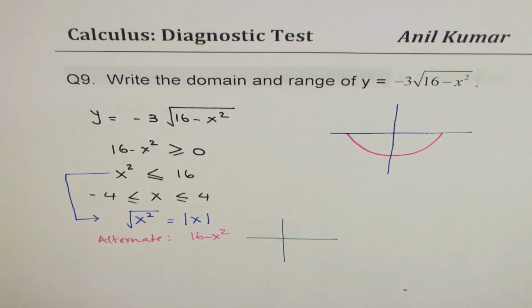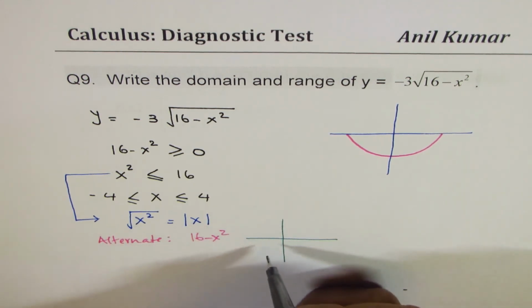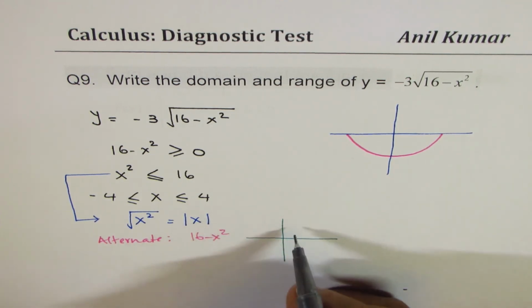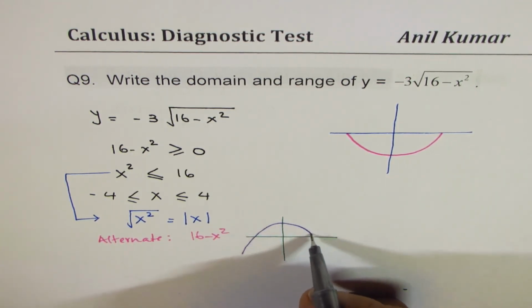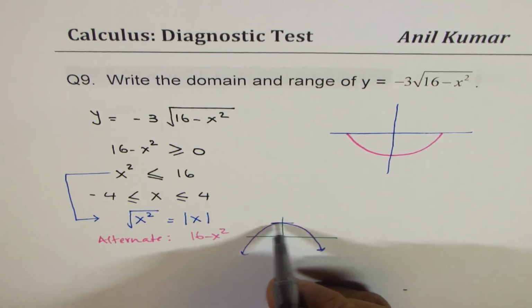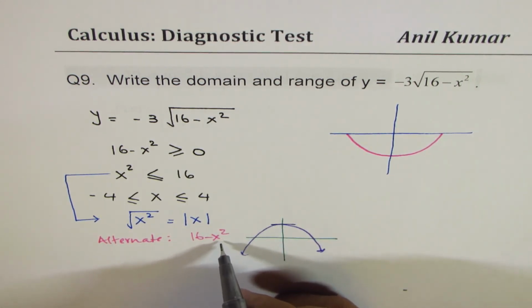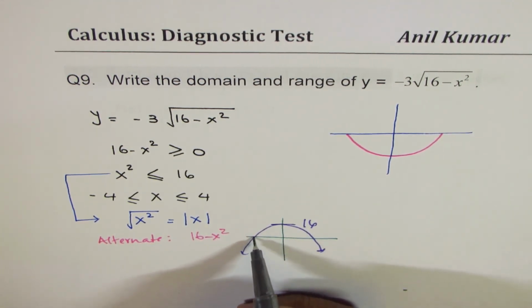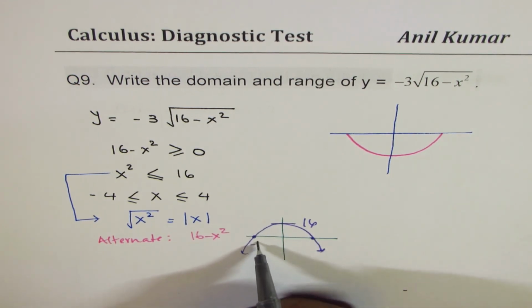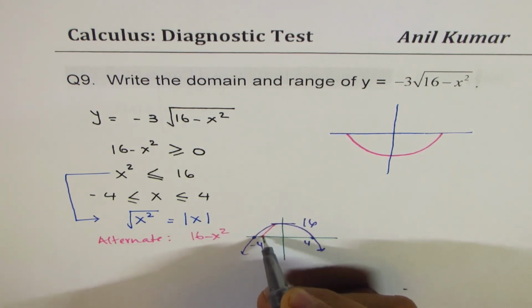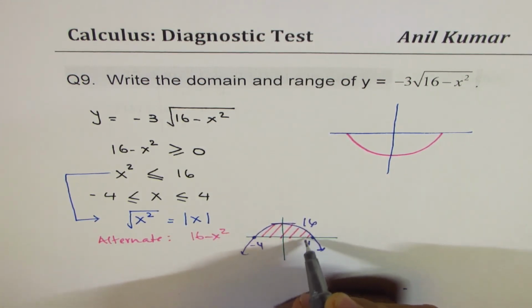We're just sketching 16 minus x squared, nothing else. That is to say, you have to go 16 up and open downwards, like this. At x equals 0, the value is 16, correct? And the two zeros are at minus 4 and plus 4. So this interval between minus 4 and plus 4 is where the function is positive.